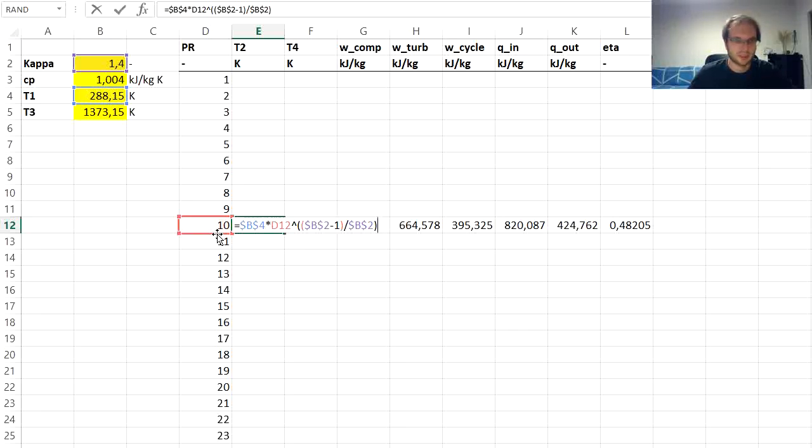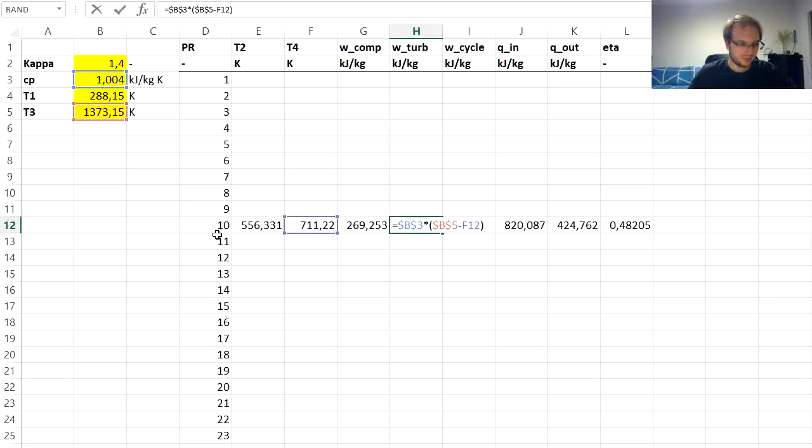So here we have temperature T2, here we have temperature T4, here we have the work of the compressor, the unit work of the expander, of the turbine. The difference between the two of them is the work of the cycle.